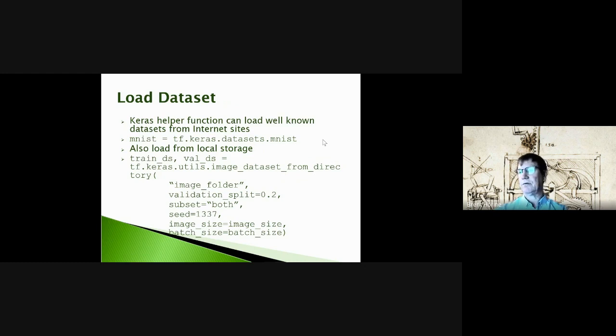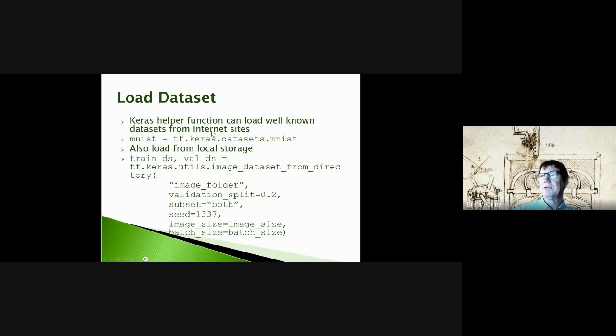Okay, 0, 1, 2, 3, 4, 5, 6, 7, 8, 9, and lots of these. It's somewhat of the hello world of image recognition, trying to recognize numbers out of some really messy handwriting.